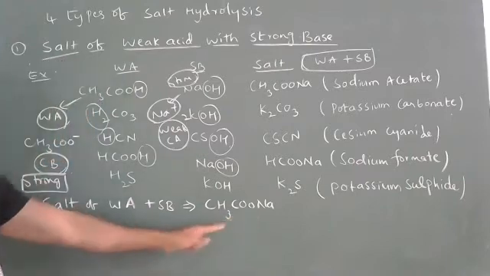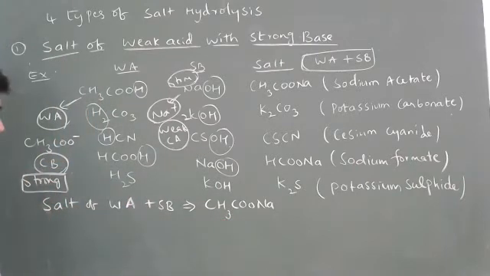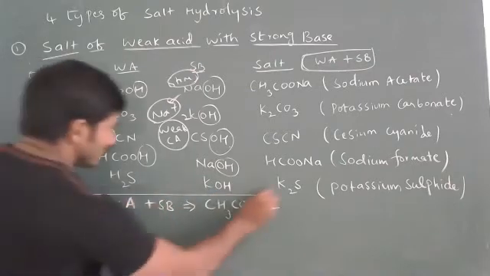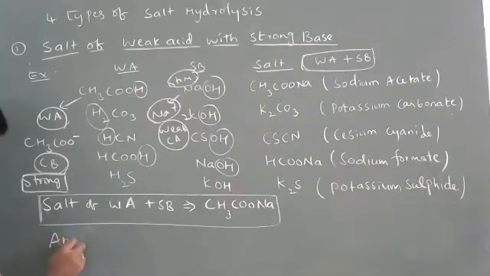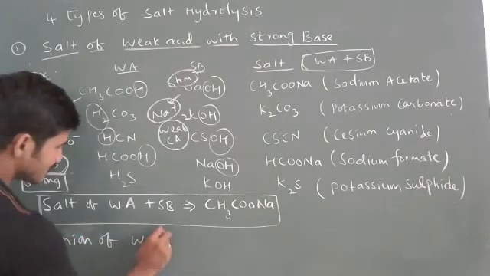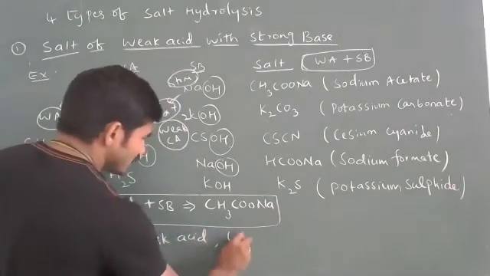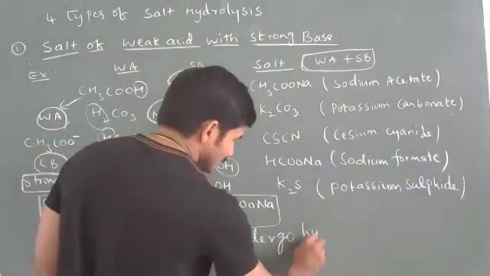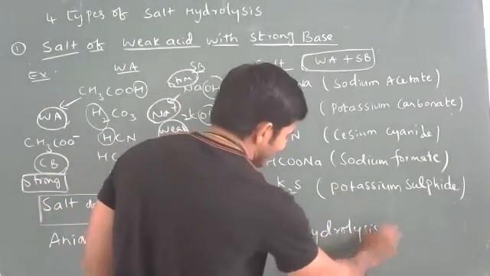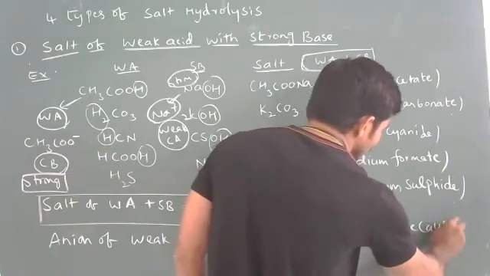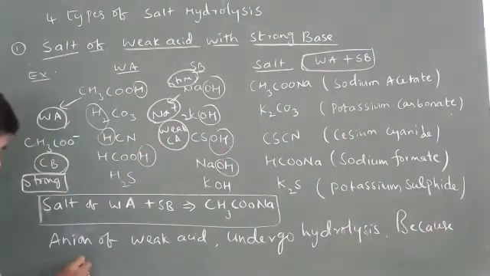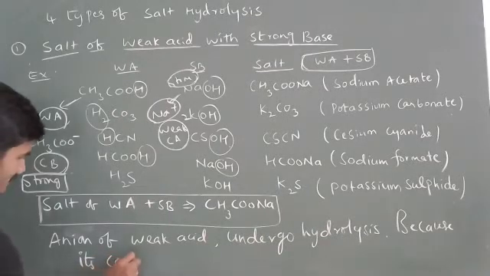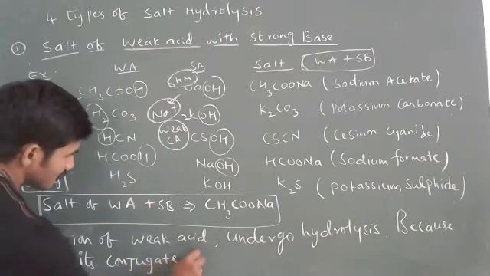Acetate will undergo hydrolysis because acetate is a strong conjugate base. I write it here: the anion of a weak acid undergoes hydrolysis because its conjugate base is strong.